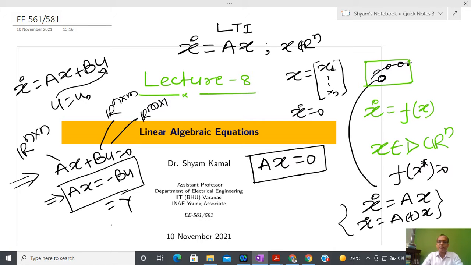So this problem is not only important for calculation of the equilibrium point. If you learn system identification, there also I have some kind of algebraic equation, and we have to solve that equation in order to identify the parameters of the system. Whenever you are dealing with machine learning, again I have a linear equation and we have to solve that. So this equation has a very wide scope.